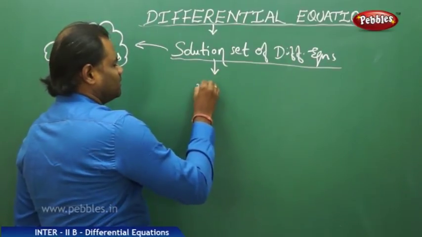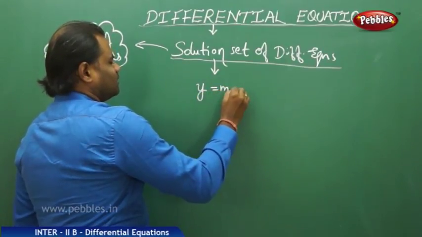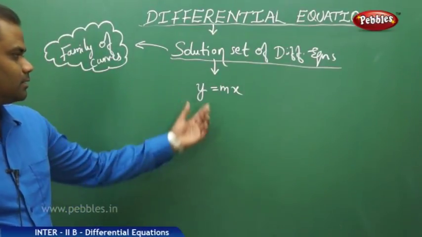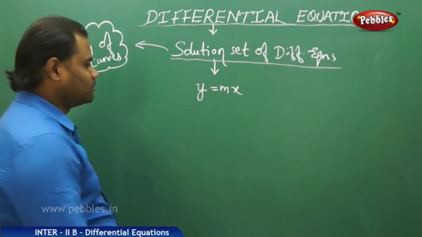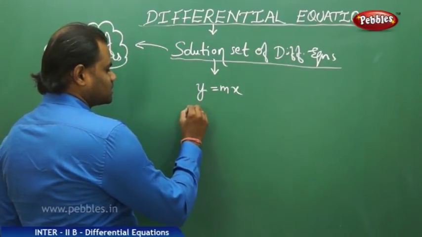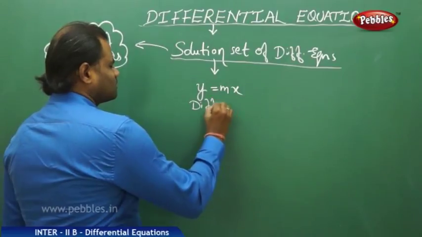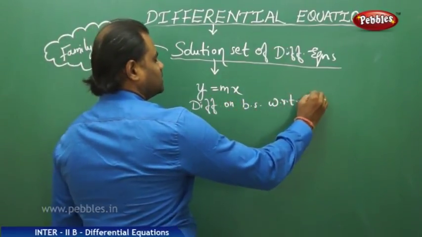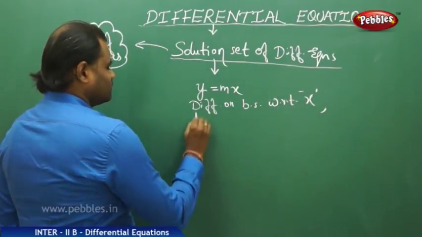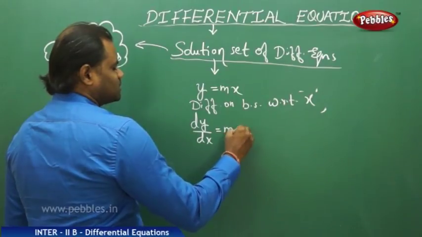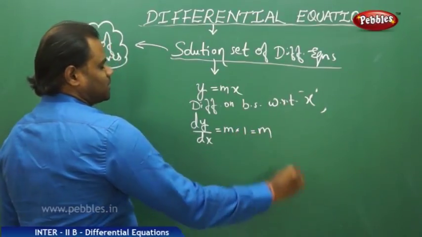For example, I take y equals mx, which is equation 1. The corresponding differential equation of this is obtained by differentiating on both sides with respect to x. We get dy by dx is m times d by dx of x, which is m.